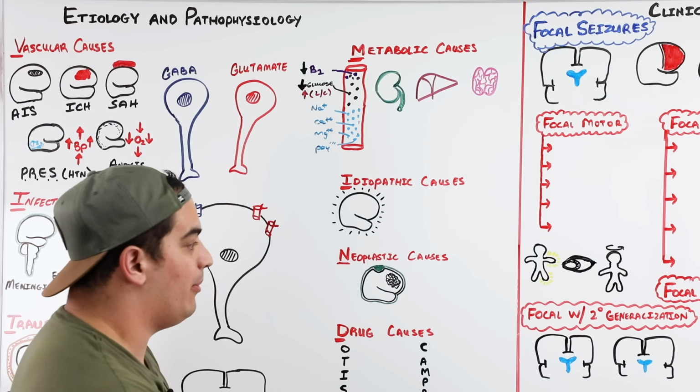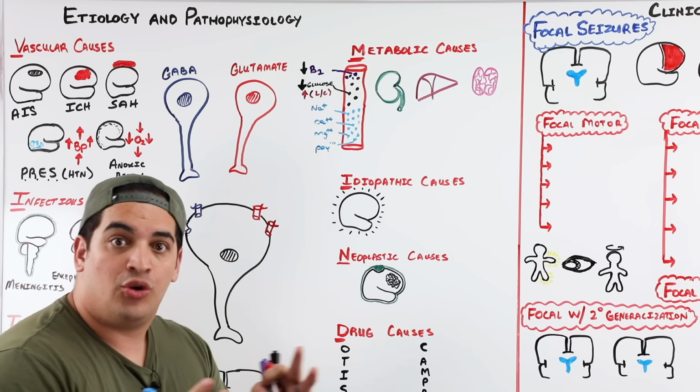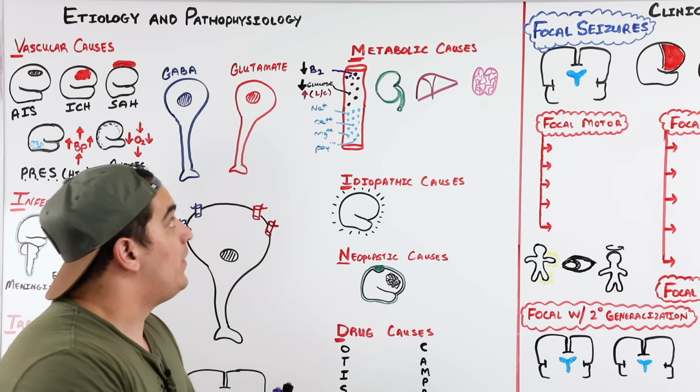The next one is sodium. Sodium regulates a lot of that movement of water to and from the actual cerebral tissue and blood. And so whenever there is low sodium, so hyponatremia, or high sodium, but more particularly low sodium is a little bit more common of a trigger. So hypo or hypernatremia can also be triggers for seizures.